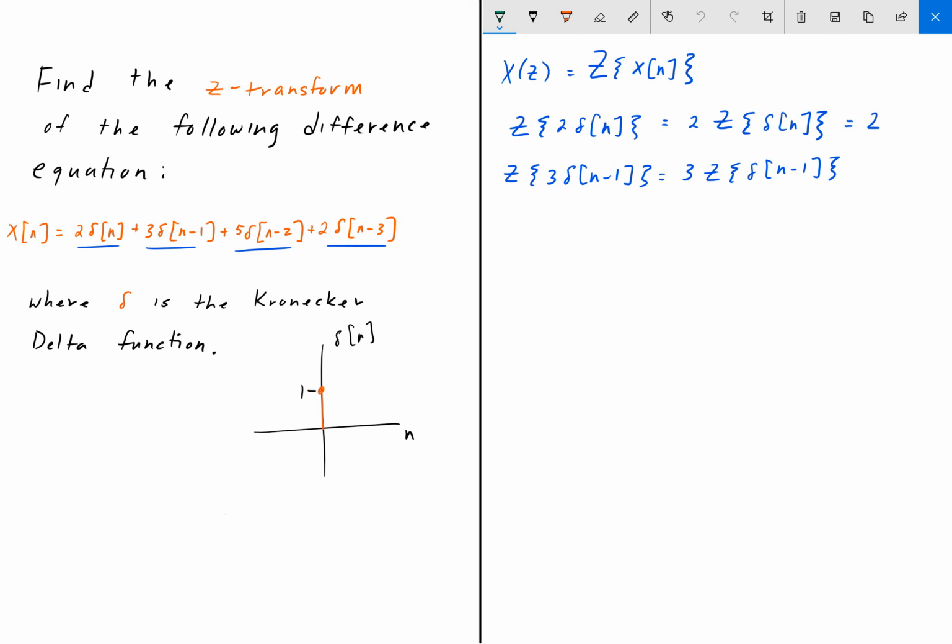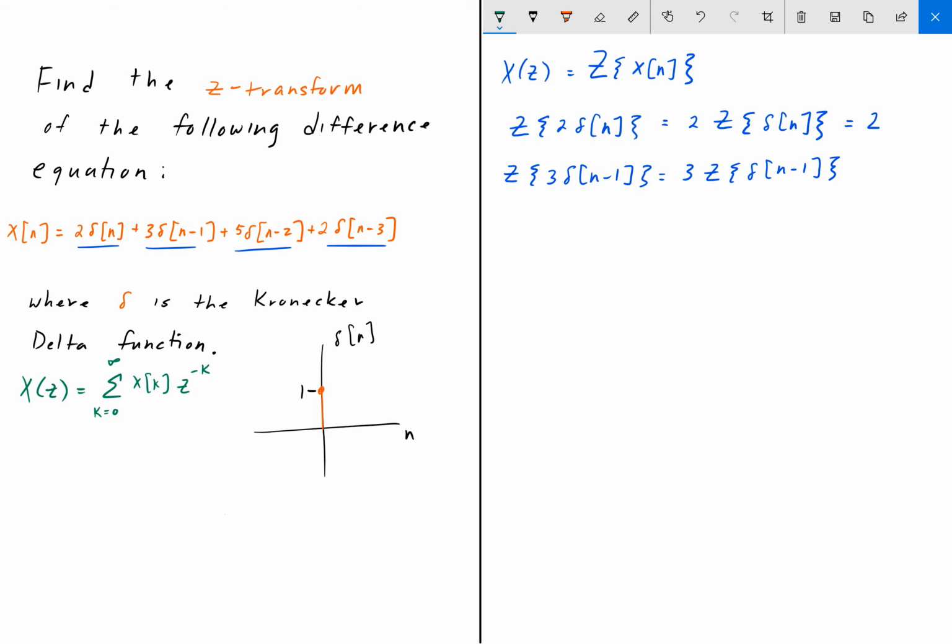So going back, we're going to do a side note here. I'm going to write down the definition that we saw on the previous page, only instead of f, I'm going to use x. X of z is equal to the sum from k equals 0 to infinity of x of k, z to the minus k.